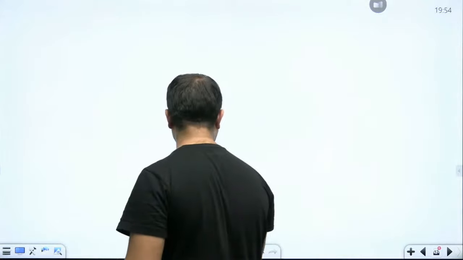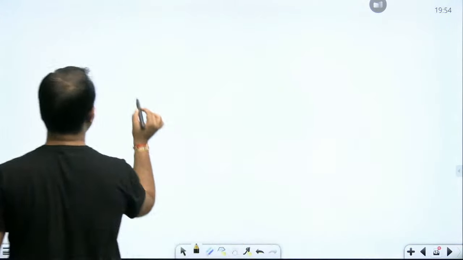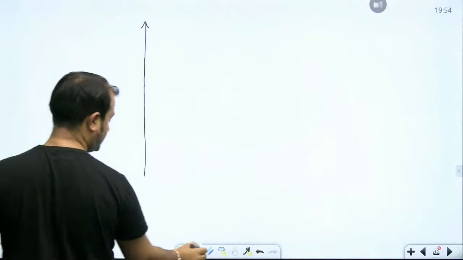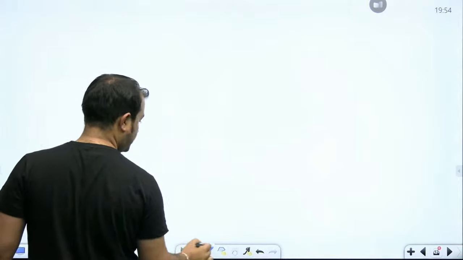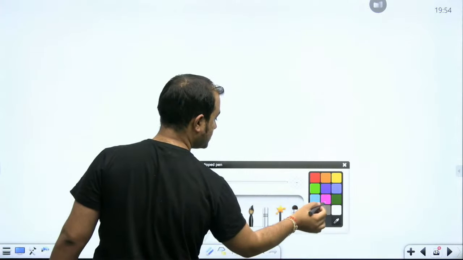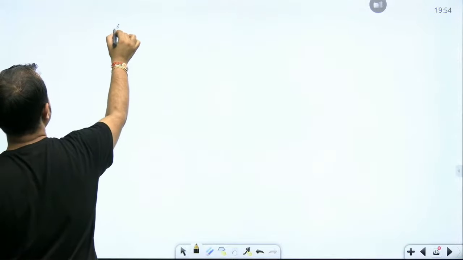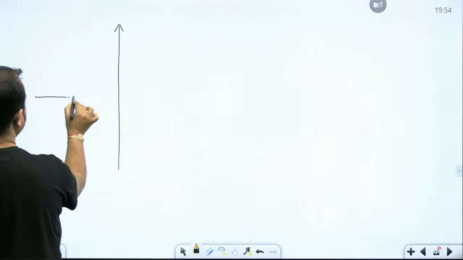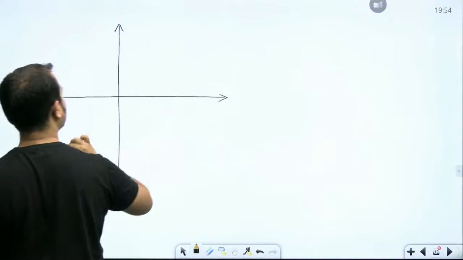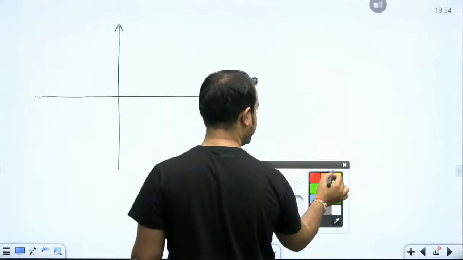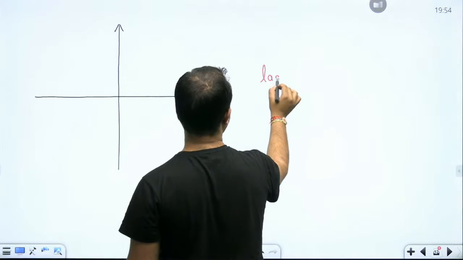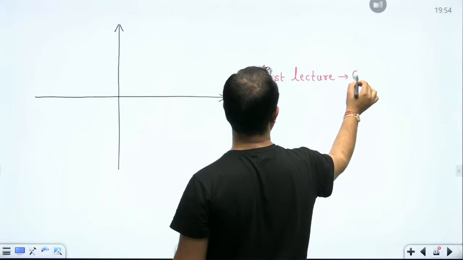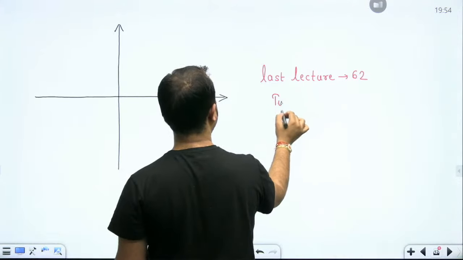And even, my dear, in the last lecture, someone was raising one objection. Okay. This is based on the last lecture, that is 62, type 1, order 3.